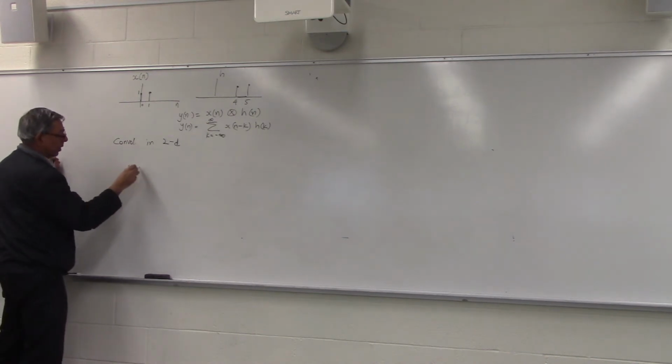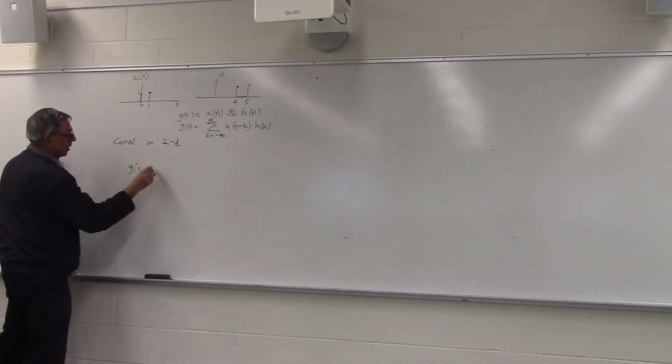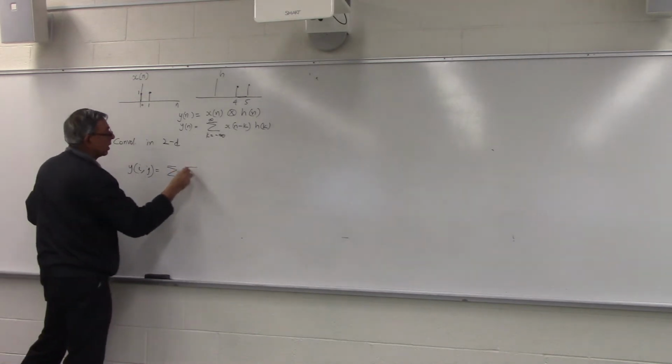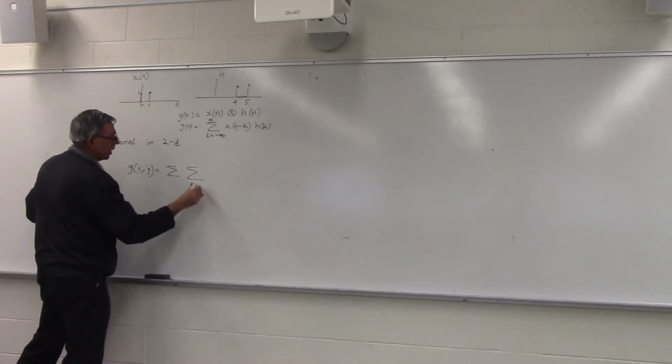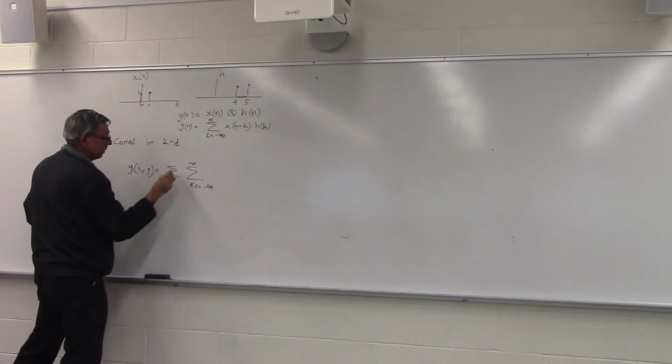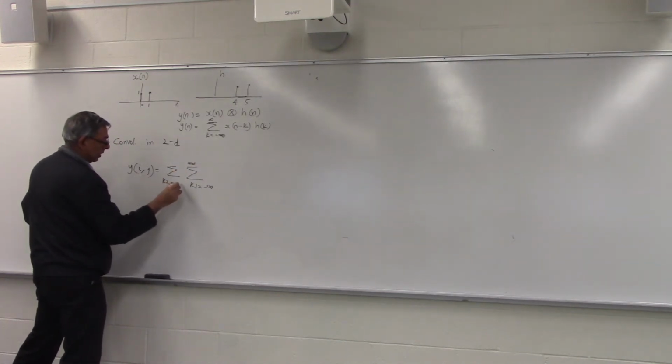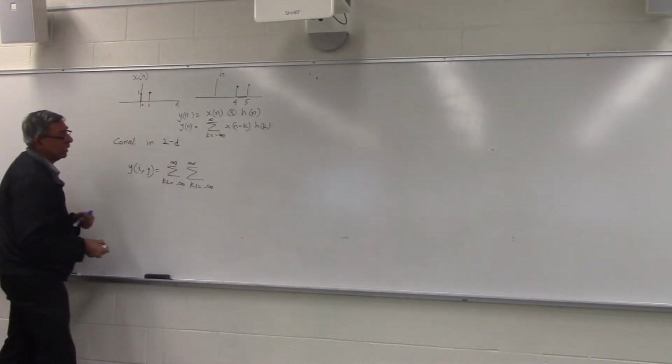Let's say y of ij. There will be 2 summations involved. K1 equal to negative infinity to infinity. K2 equal to negative infinity to infinity.